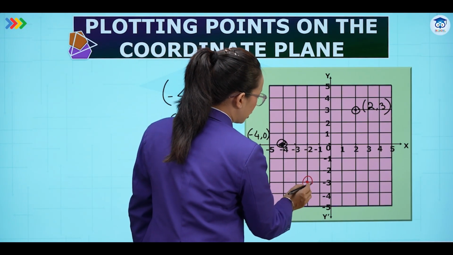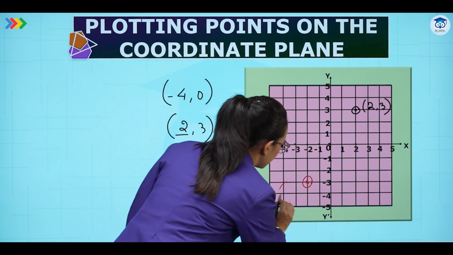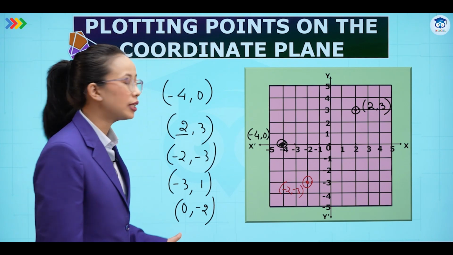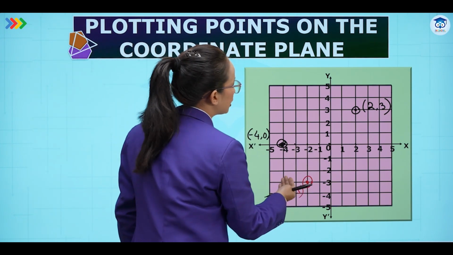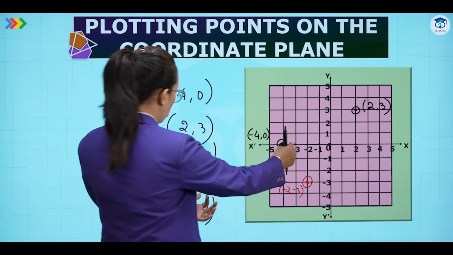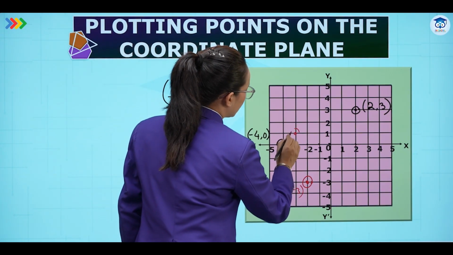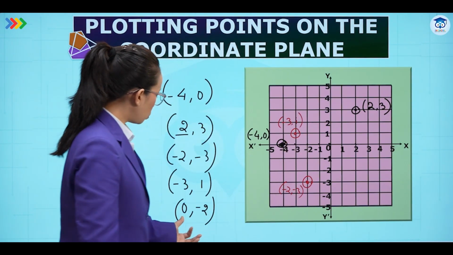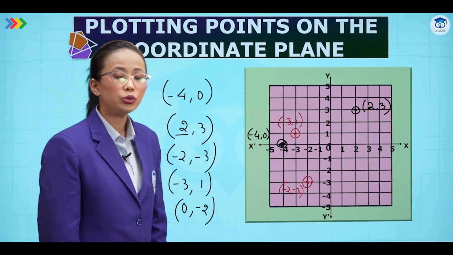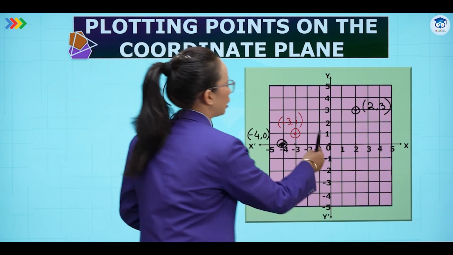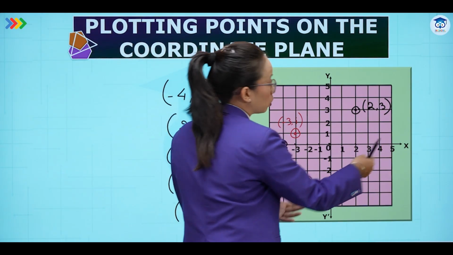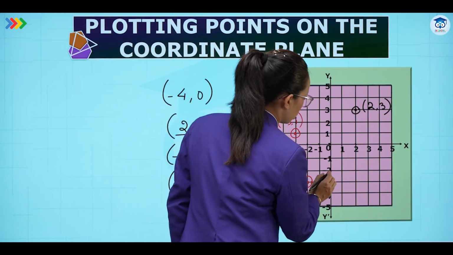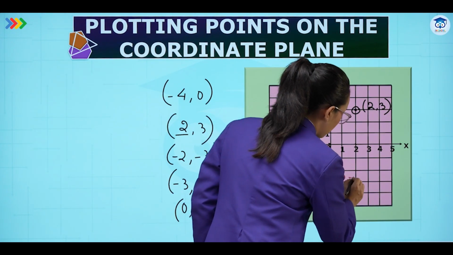So this represents -2, -3. Next, we have -3, 1. So we will move on the left-hand side, 1, 2, 3, and 1 will go up. So this is minus 3 comma 1. Next we have 0 comma minus 2. 0 means you are not moving left or right, so we will move only down 2 steps. So this represents 0 comma minus 2.